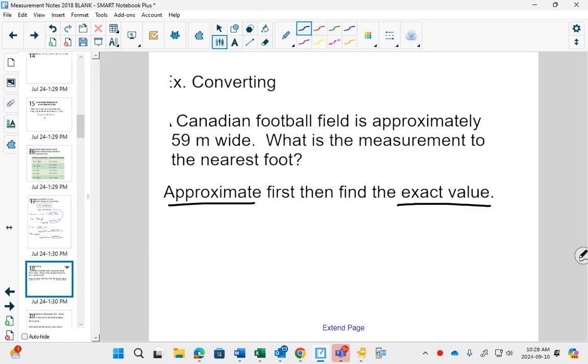We have meters, and we want to change to feet. So I go to my formula sheet, and first of all, I check if there's any relationship between meters and feet. And I have this one. Oh, I like this.